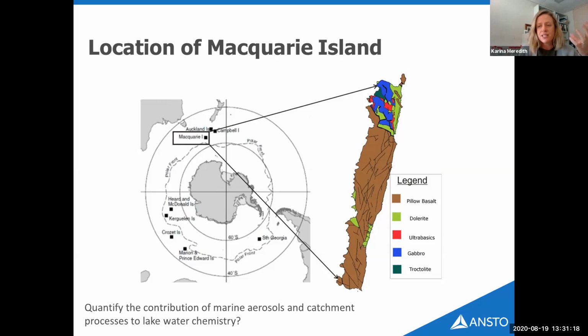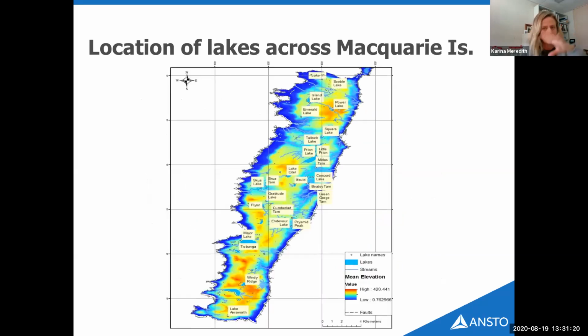So for this particular project, well, this is a map of Macquarie Island. It contains a lot of surface water bodies. So these lake systems are archiving rainfall, modern rainfall information and modern sea spray information together with modern ice and snowfall information, depending on where we are in the subantarctic or the Antarctic.